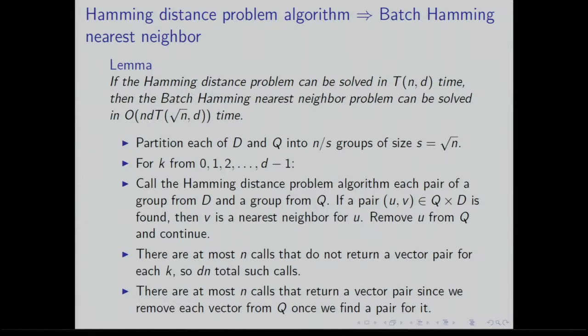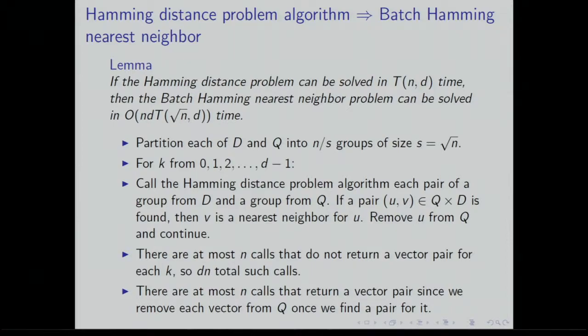And the idea is a partitioning thing again. We partition the set D of database vectors and the set Q of query vectors into root n groups of size root n. And then for each k from 0 up to d minus 1, we're going to find all the query vectors in Q that have Hamming distance k from something in D, and then remove them.